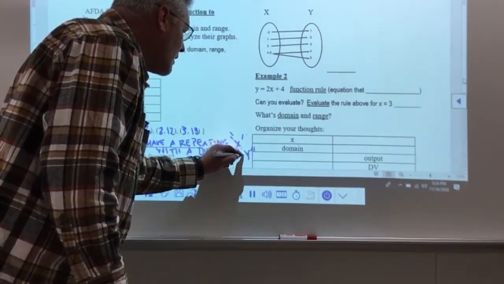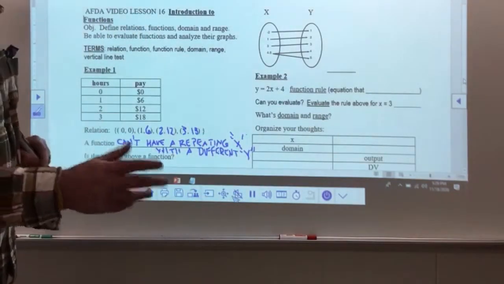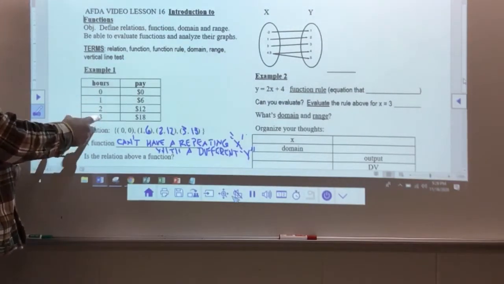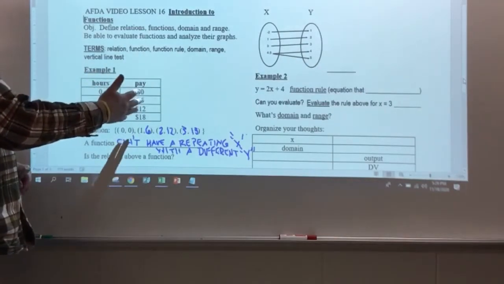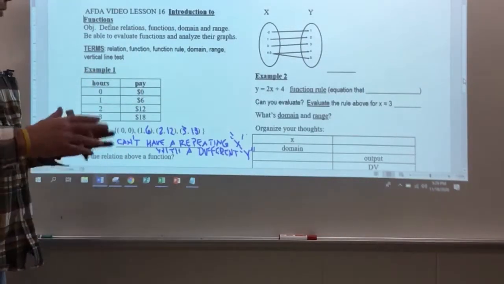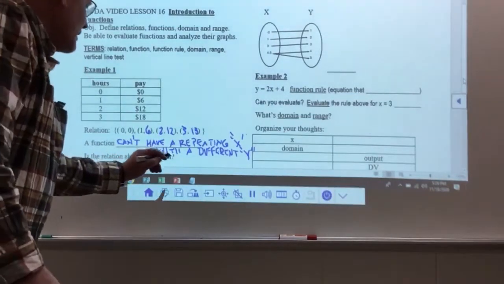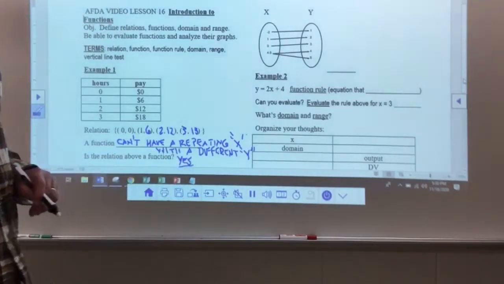That's what you're looking for. We'll look at some examples in a second, but looking at this one, do any of these values repeat? That's your first indication. If they did repeat, you'd see if they have a different y. If that happened, it's no good. So this one, yes, it is a function, as far as you can tell.